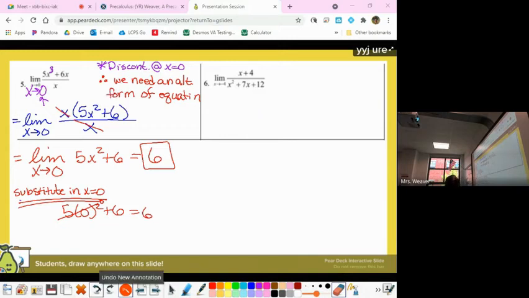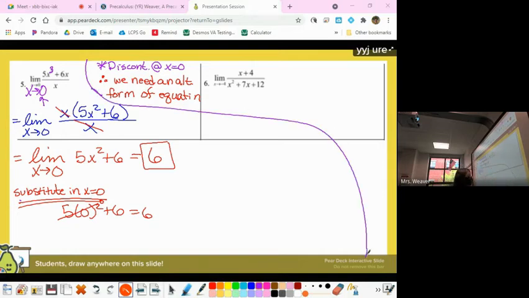Let me show you, Sarah. If I hadn't thought about where it's continuous and where it's not, and I just tried substituting in, I would have gotten 5 times 0 cubed plus 6 times 0 over 0. And as soon as I had that division by 0, that would have yielded that it was undefined. And so I would have known that I needed another form.